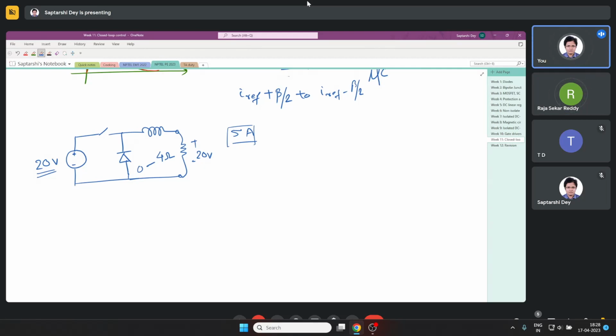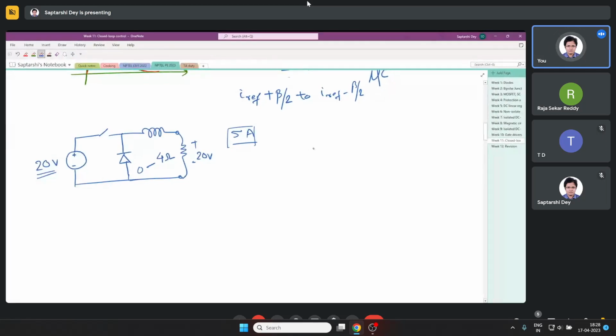Yes, provided you have that type of control. For a boost also, you can say that.